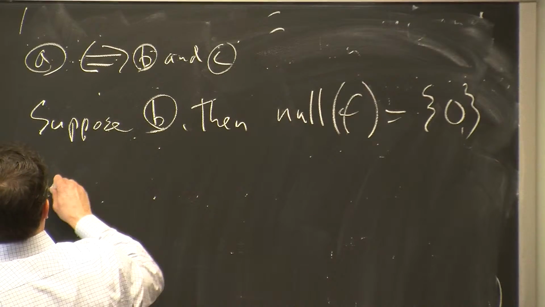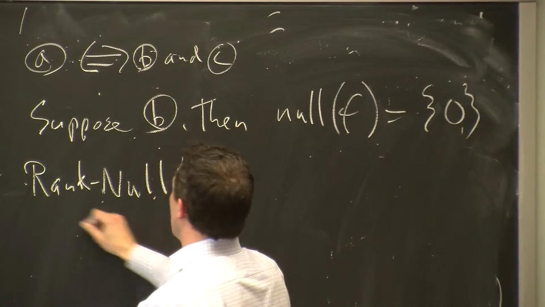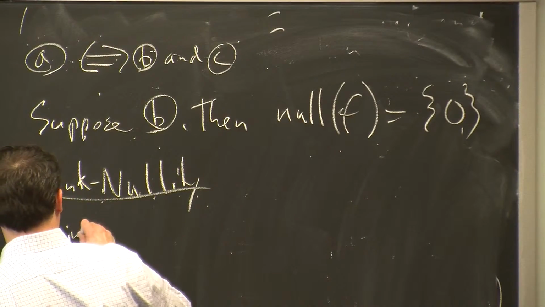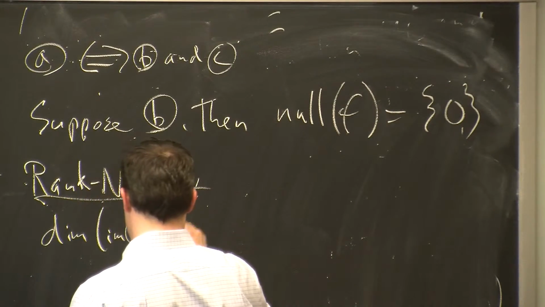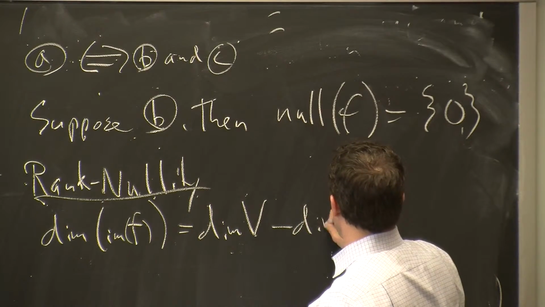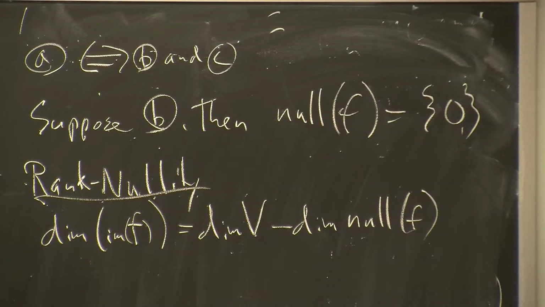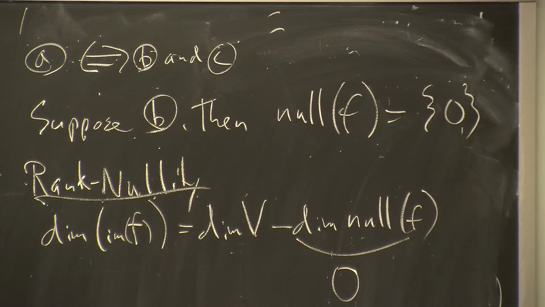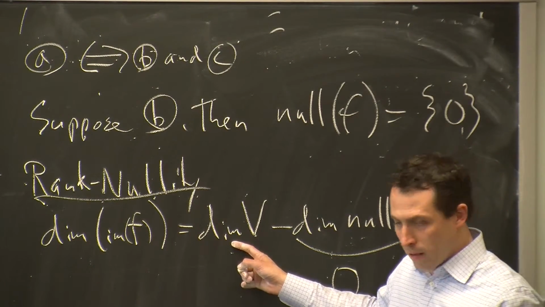And the rank-nullity theorem, which we just reviewed, tells me that the dimension of the image of F is equal to the dimension of V minus the dimension of the null space of F. Since F is injective, the dimension of the null space of F is 0. So that tells me that the dimension of the image of F is equal to the dimension of V.